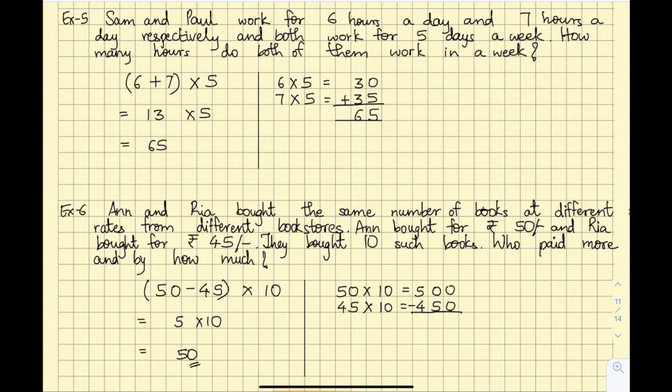So 500 minus 450 will give us 50 rupees. So here you can see by both the methods we are getting the same answer, but this is quicker and simpler. As compared to this, here logic is used. So maths is very simple by using logic.